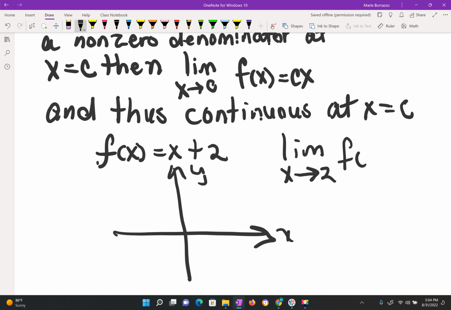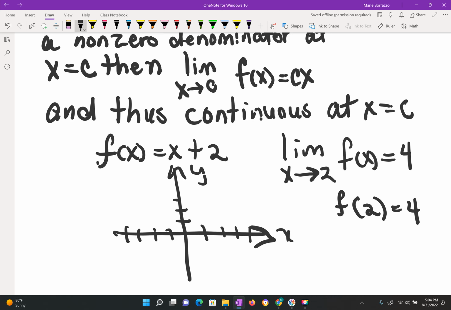So if it's okay, I'll just do this. The value for this is 4, and therefore f of 2 is equal to 4. So basically, if I'm looking at x plus 2, I can just graph it using an xy plot of numbers. And this is an example of a continuous function. So I'll graph it in red.